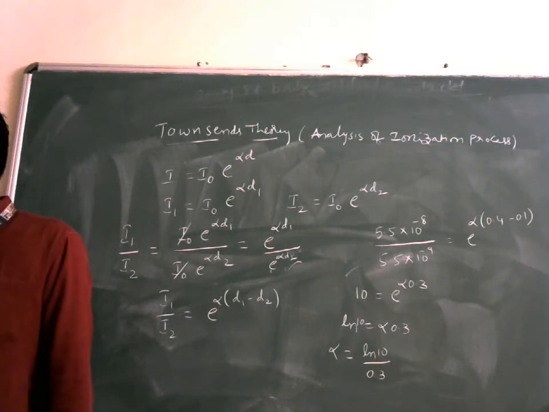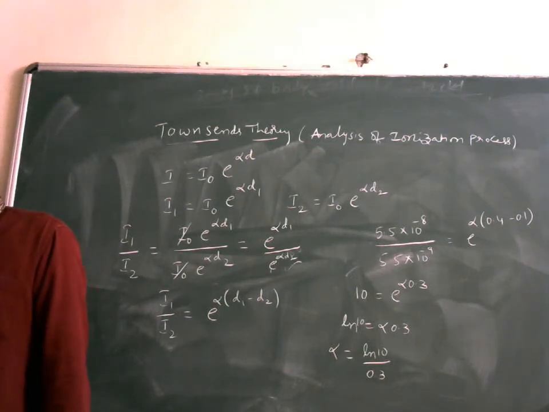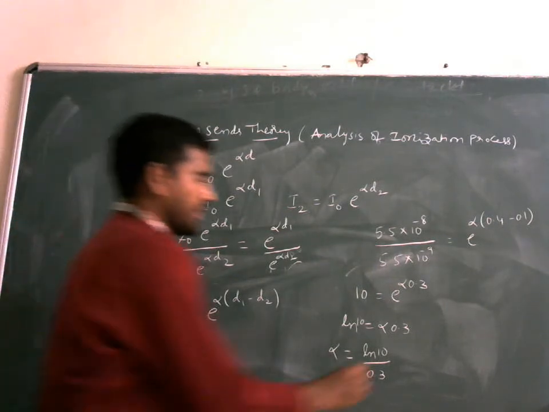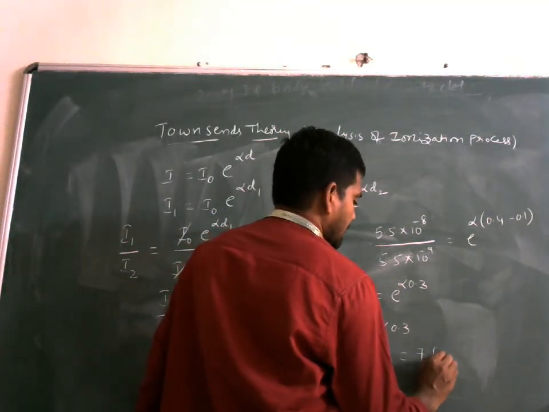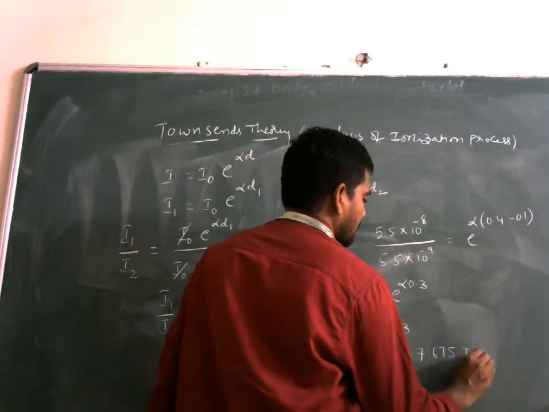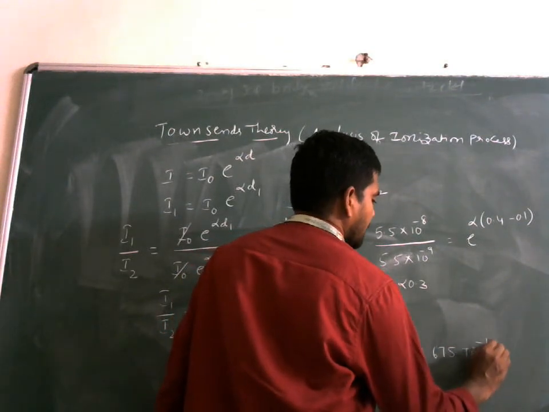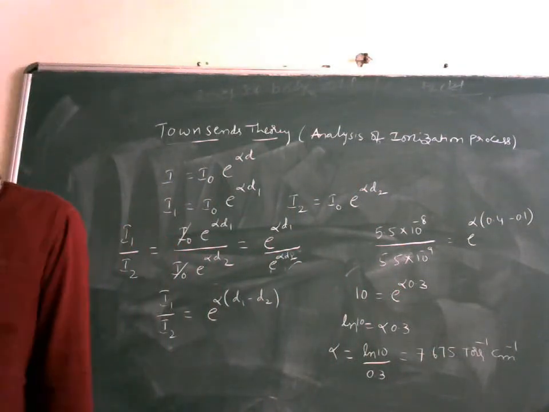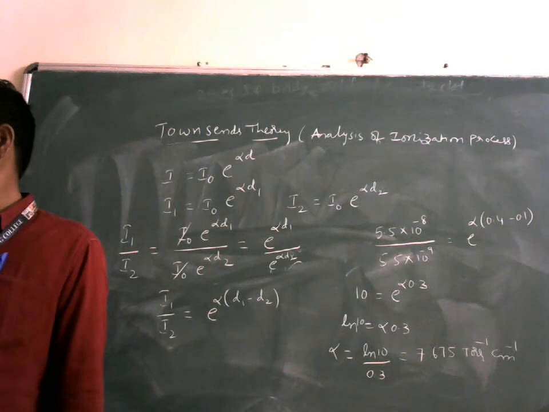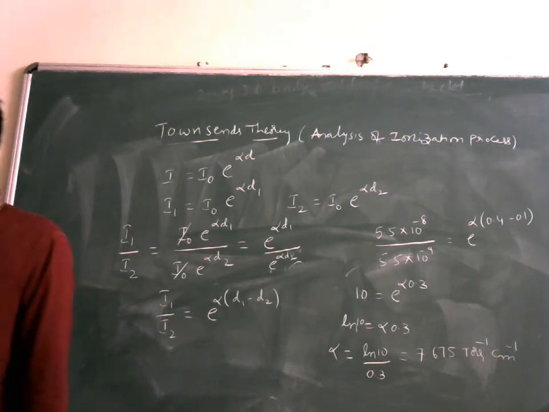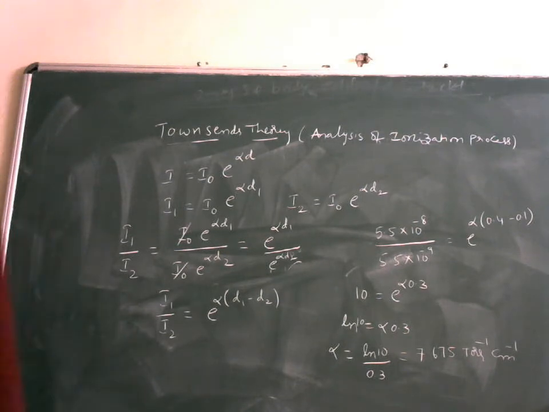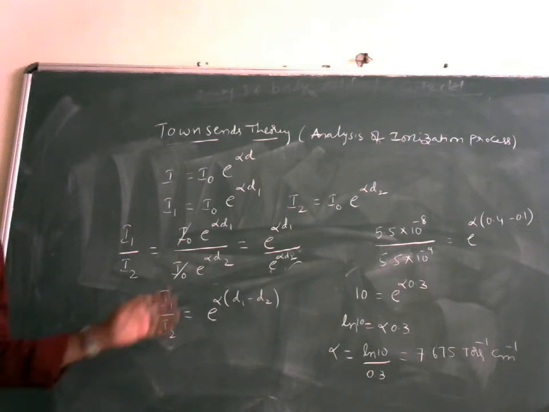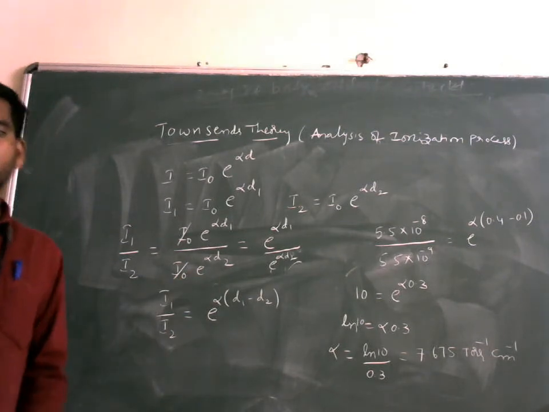If I simplify that, we are going to get 7.675. The units are torr to the power of minus 1 and centimeter to the power of minus 1. This is from Townsend theory, how we find the alpha value.